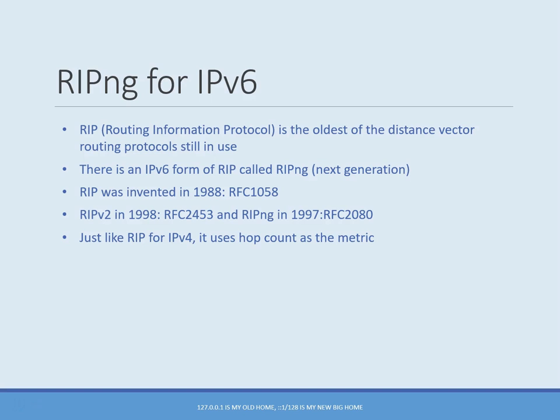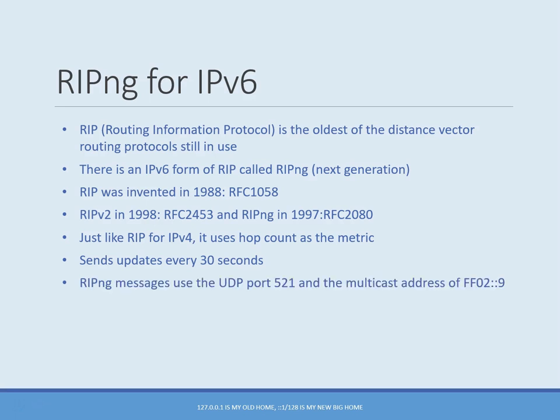Just like RIP for IPv4, it uses hop count as the metric. Hop count means the number of routers to reach the destination. It sends updates every 30 seconds because it is dynamic, so it is adapted to the changes. It checks the situation around and sends updates to other routers to monitor any changes in the topology.